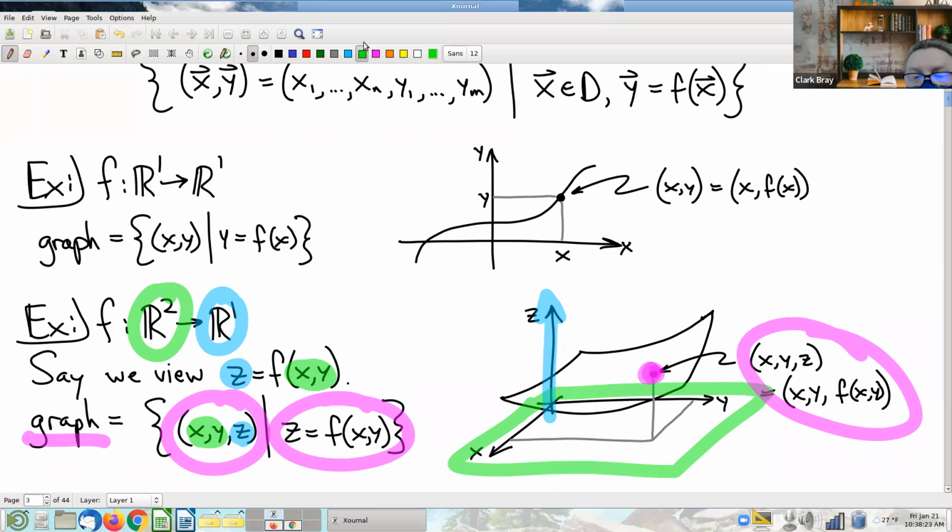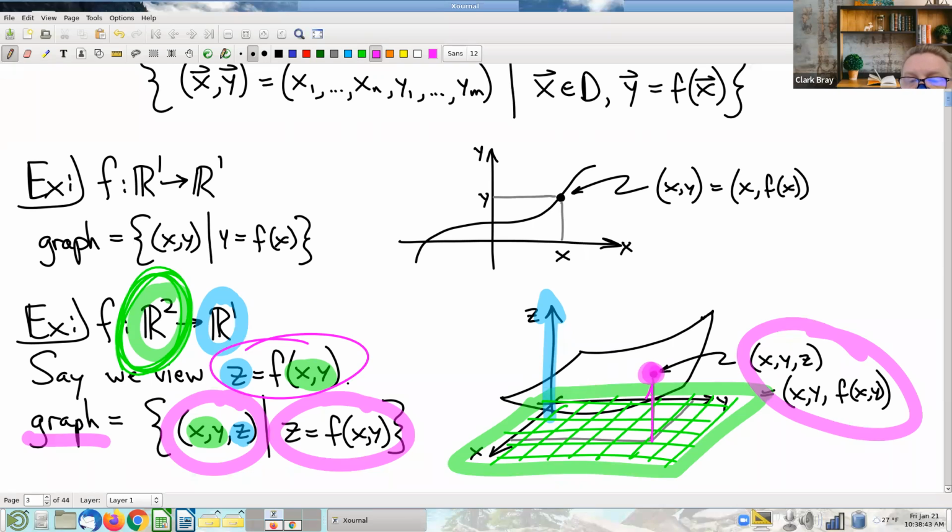Well, for every point down here, why down here? Because that's our domain, right? Our domain is X and Y coordinates. So for every point down here, we're going to compute a Z coordinate by way of this formula.